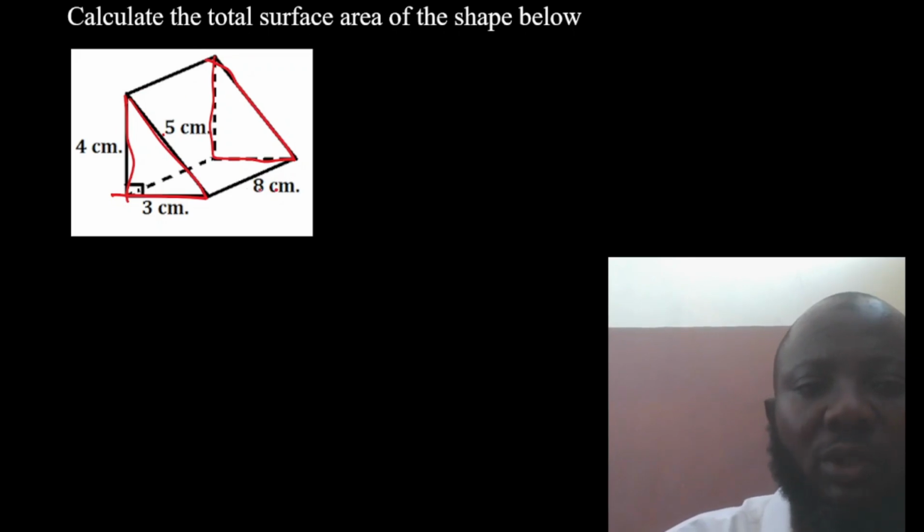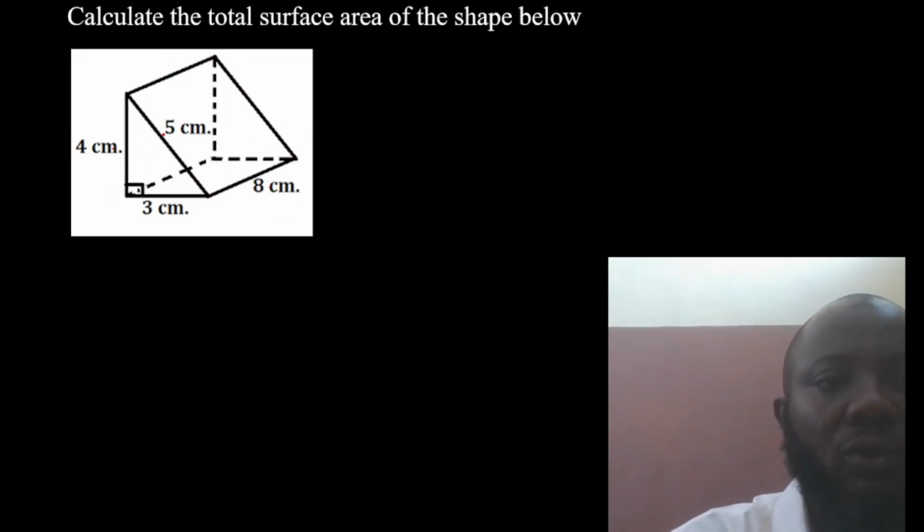The first rectangle is 5 by 8, the second rectangle is 3 by 8, and the third rectangle is 8 by 4. This is 8 here, and this is 4 here. I hope I'm making sense. So that is how it will look.